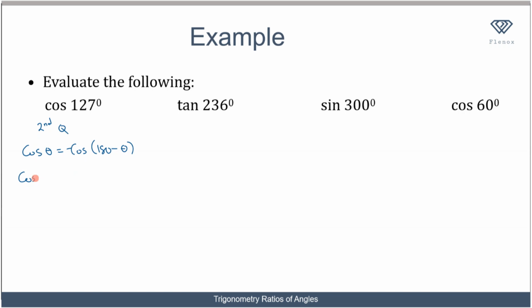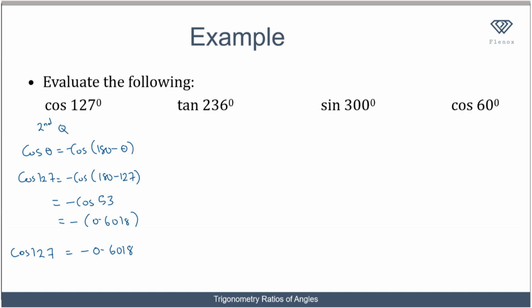So cos 127 is equal to minus cos (180 minus 127), and that becomes minus cos 53, and the value of cos 53 is 0.6018. So cos 127 is equal to minus 0.6018.